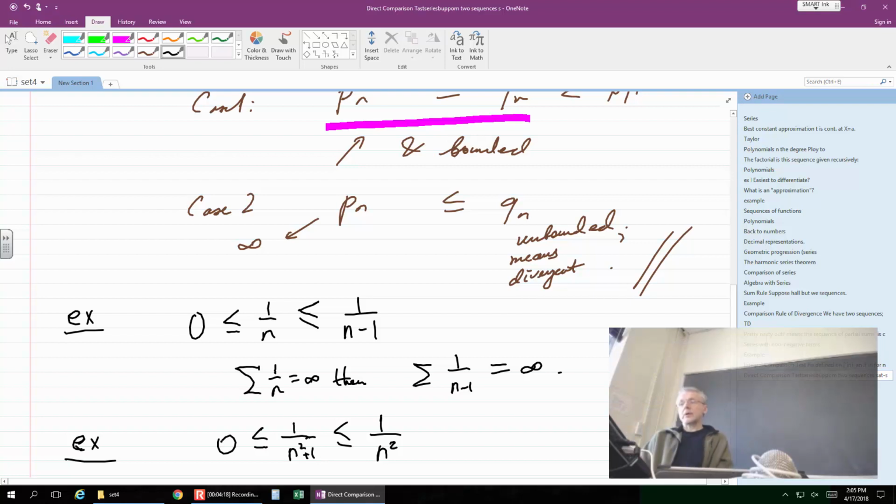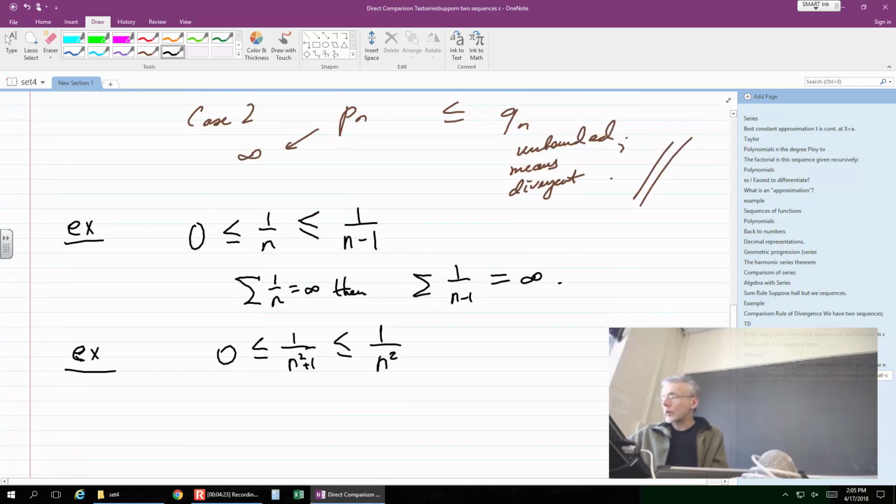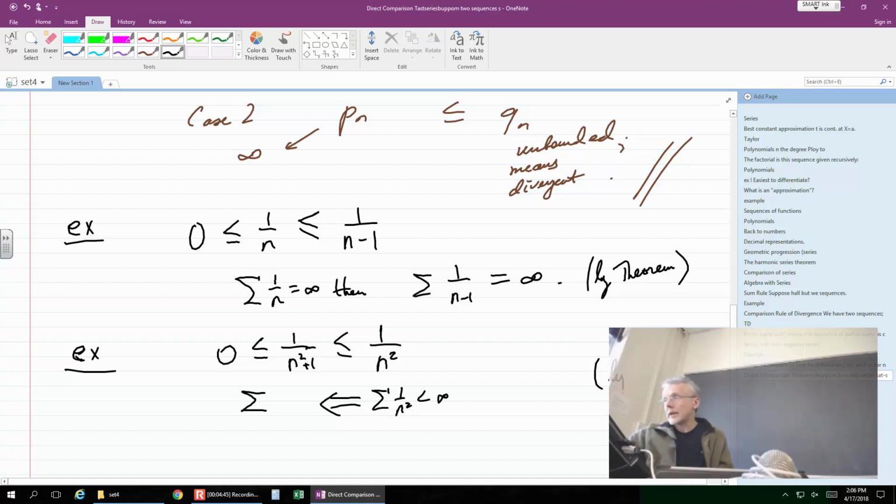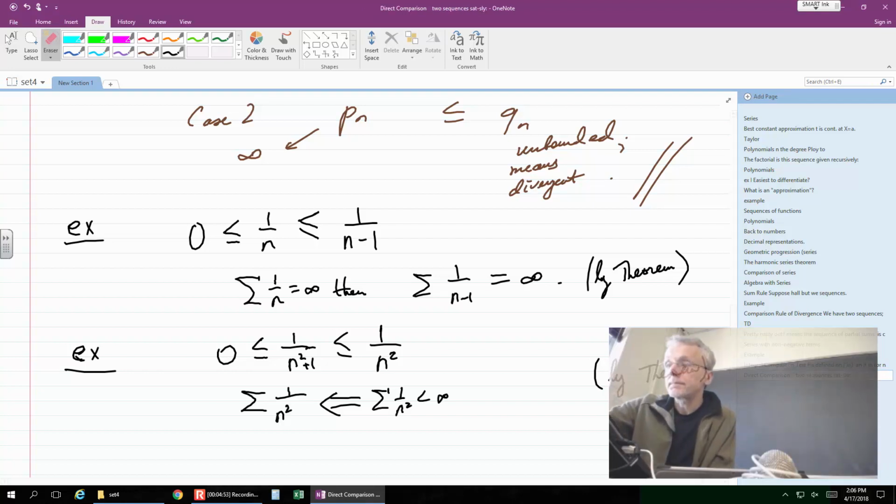So a similar pair of sequences. One is larger than the other. This time the story is the opposite. The series 1 over n squared is convergent. This time I'm moving from right to left, and by the direct comparison test I conclude that my new series is also convergent.